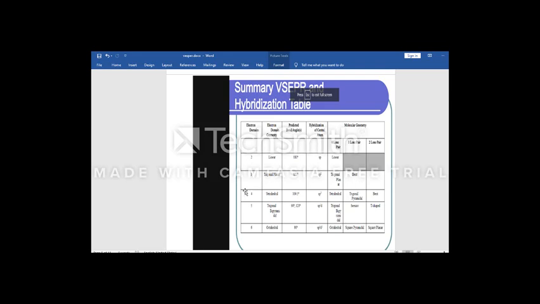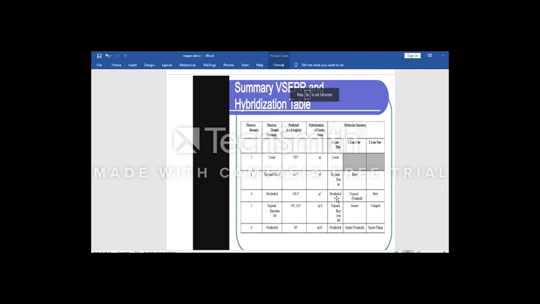Okay. When we find 4 electron domains or 4 bonds in the molecule, we call the geometry tetrahedral. The angle is 109.5. The kind of hybridization is sp3.